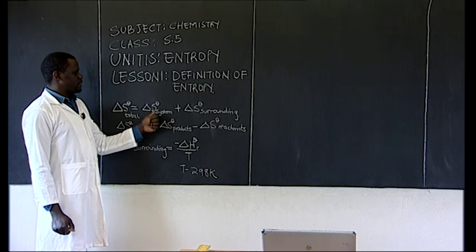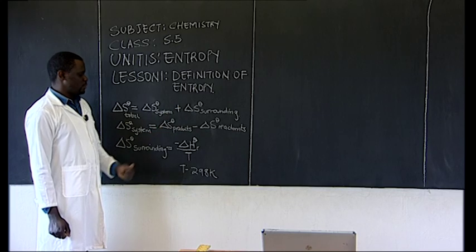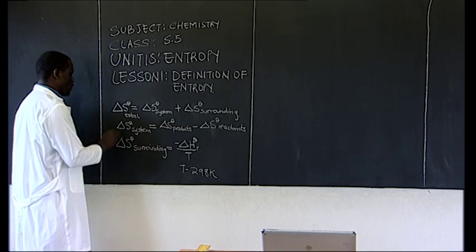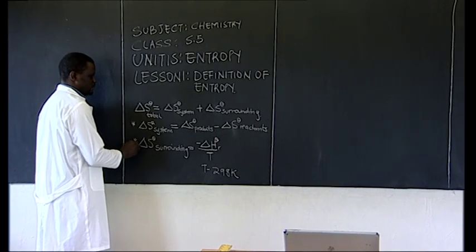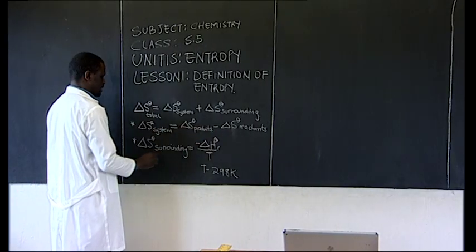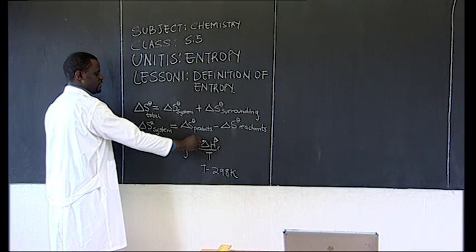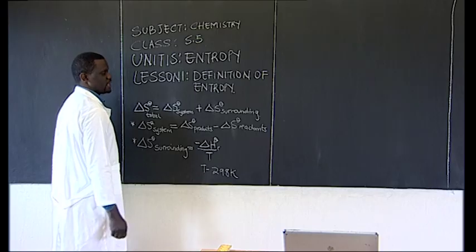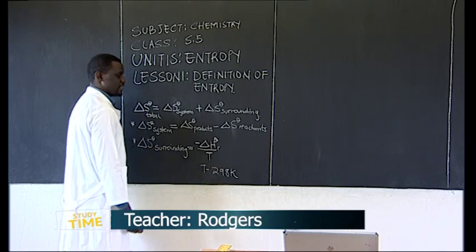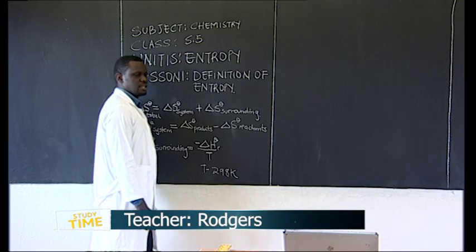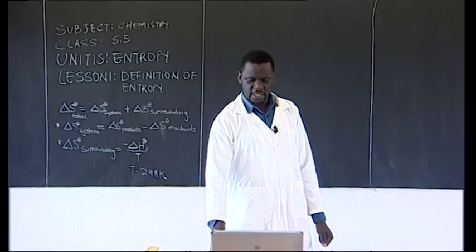It is equal to entropy of the system plus change in entropy of the surrounding. And this is how we get our entropy values. The one for system is products minus reactants. Then this one is negative change in the heat of reaction divided by the temperature. Because they are standard units, use temperature as 298 Kelvin.